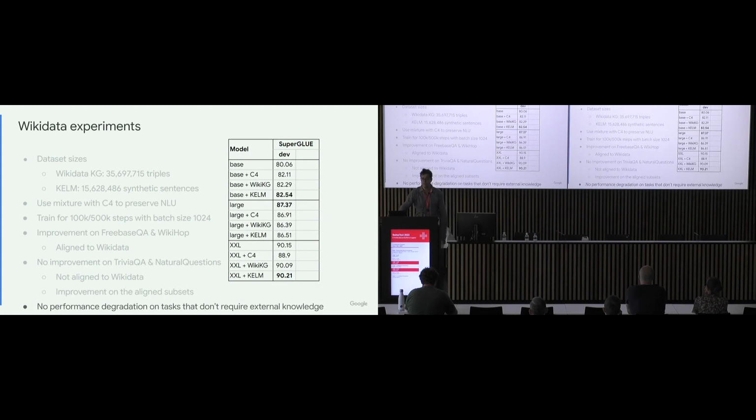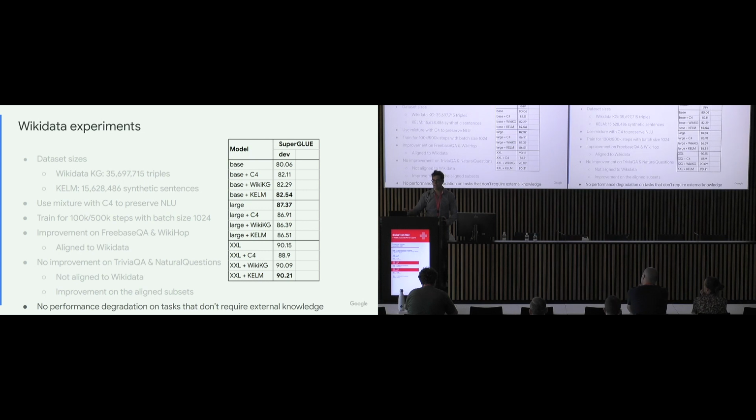And finally, also as a proof of concept, we verify that in a data set that doesn't require this memorization, like the SuperGLUE benchmarks, there is no degradation. We also want the model to be as generic, as general purpose as the vanilla T5, and we verify this. This should not happen if we only fine-tune on the structured knowledge.